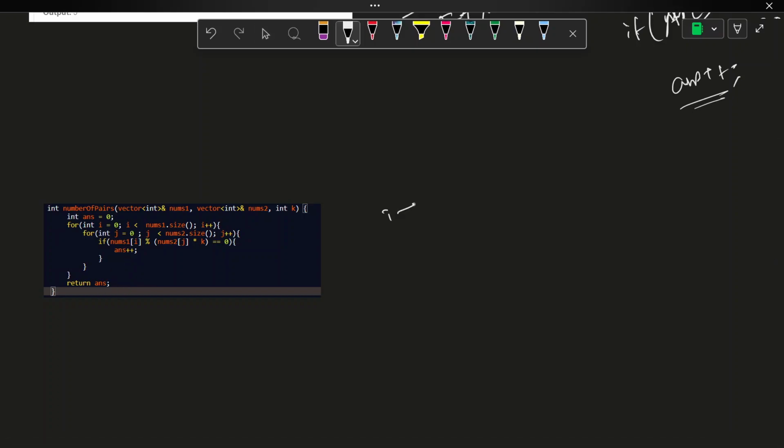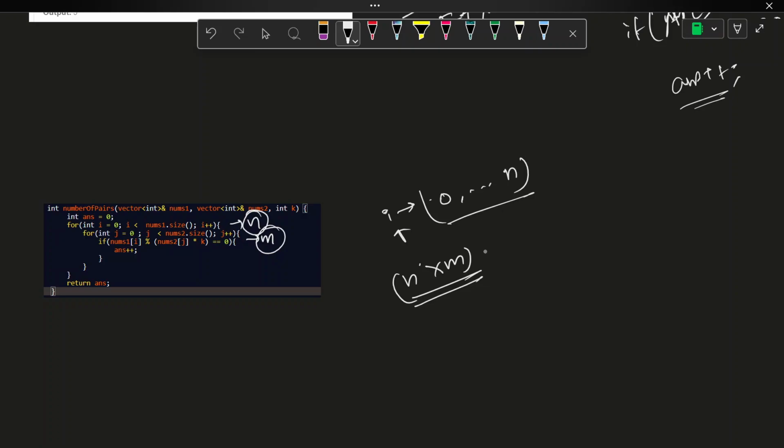So I check every i with every element of nums2. Got it? The time complexity will be n cross m: this is for n and this is for m, and for every element I am running m times, so it is n cross m.